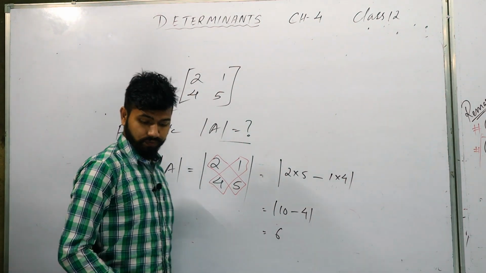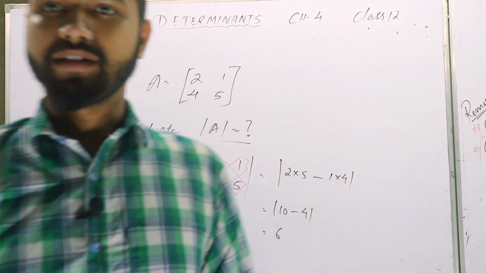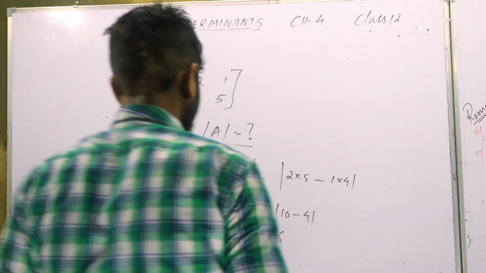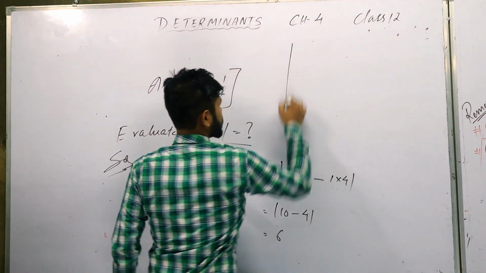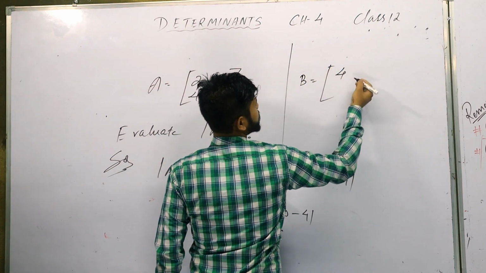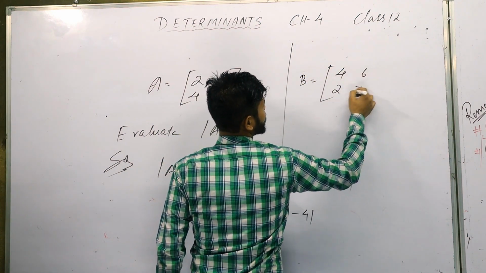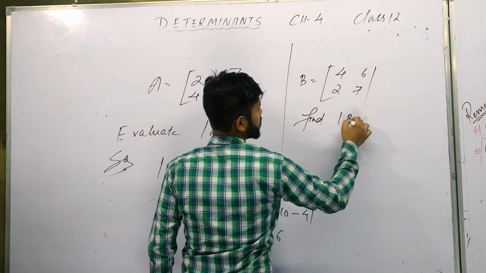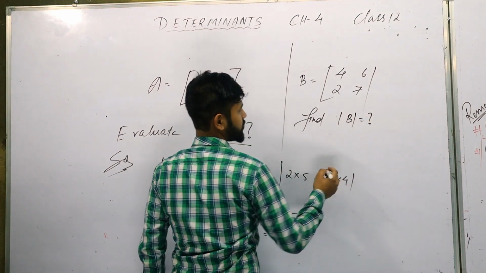For 2 cross 2 matrices, it is very easy to find their determinant. Just do it this way, very simple. Let me give another clear-cut example. So let me take another matrix. B matrix is like that: 4, 6, 2, 7. It is said find determinant of B. Very simple.